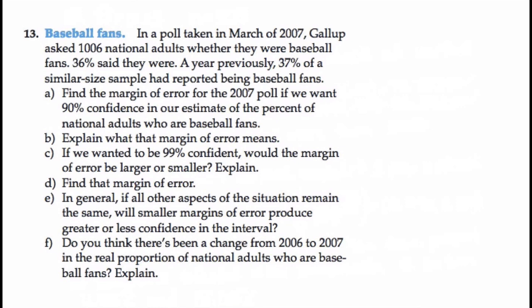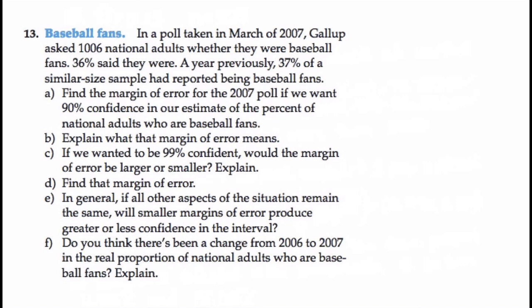Find the margin of error for the 2007 poll if we want 90% confidence in our estimate of the percent of national adults who are baseball fans. Part B, explain what the margin of error means. Part C, if we wanted to be 99% confident, would the margin of error be larger or smaller? Explain. Part D, find the margin of error for 99% confidence.